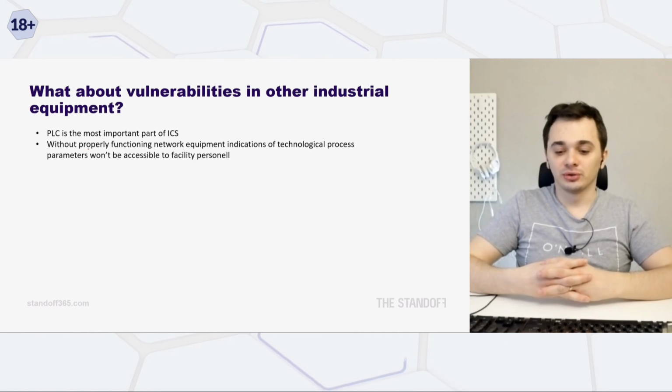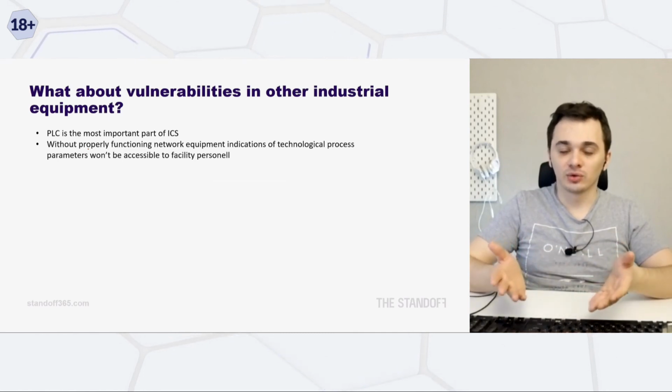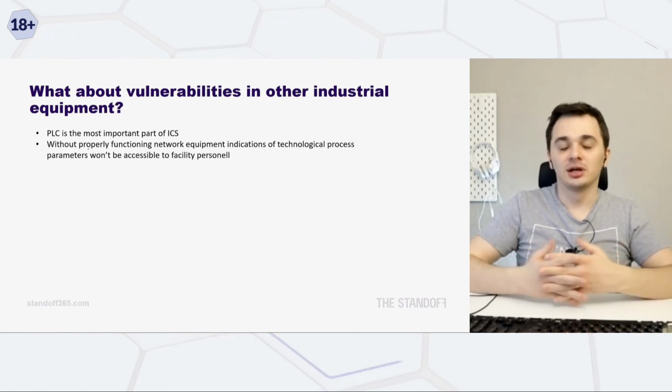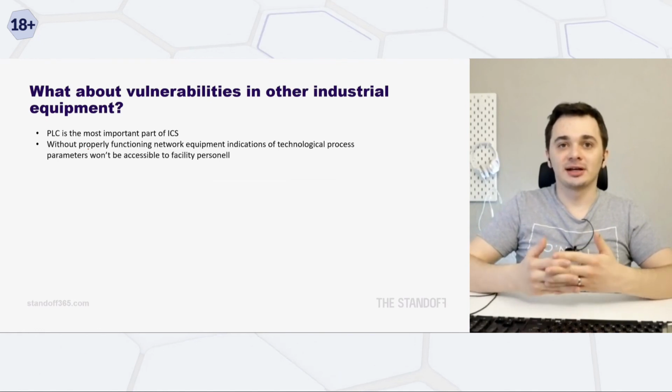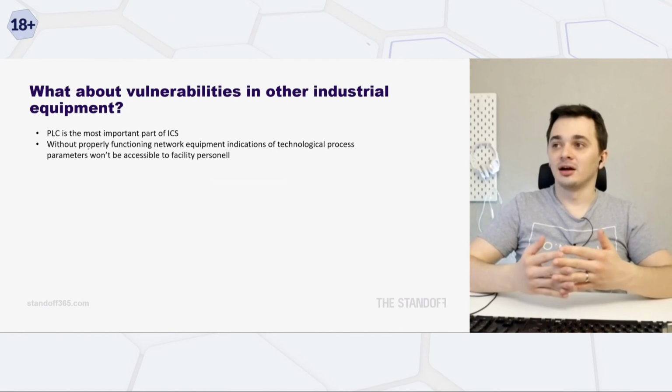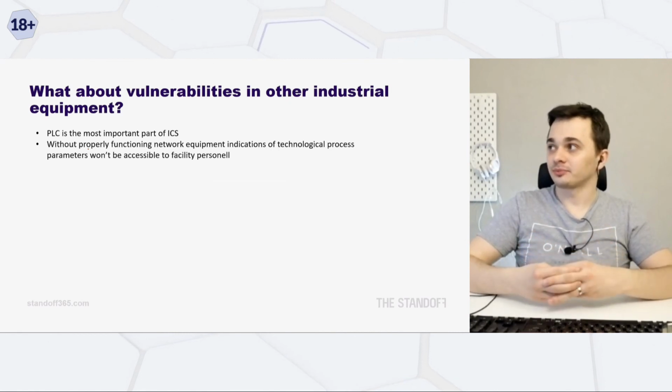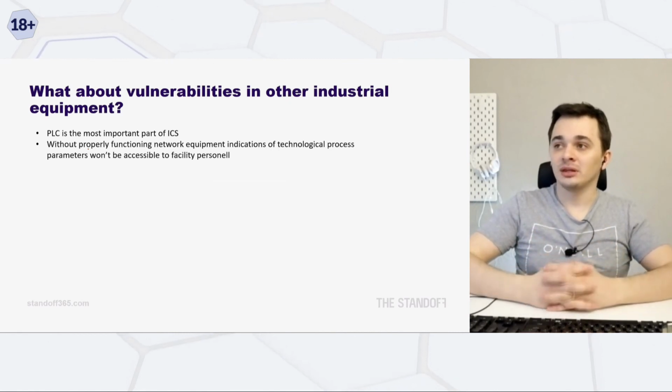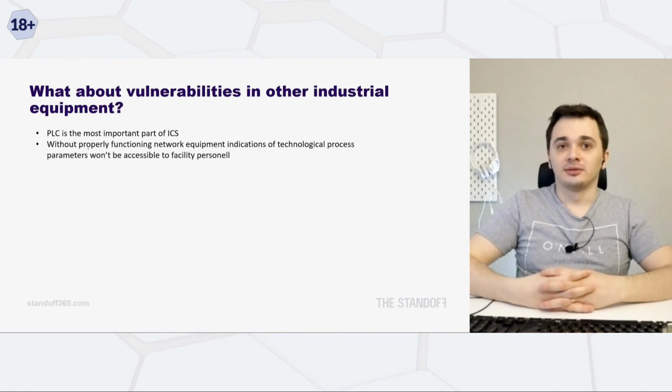Why is this the case? PLC is the most important part of ICS, but it's not the totality of the network, right? And PLCs are the intermediary between the physical equipment and the operator's laptops.